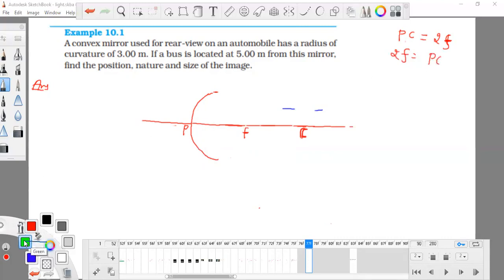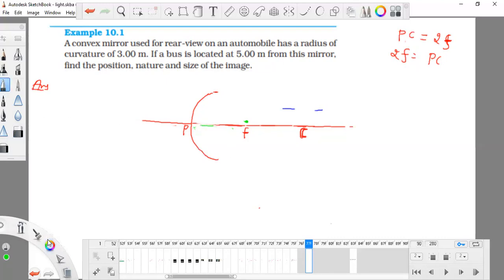F is the distance between P and F, and it is known as small f. We studied this: the capital F is known as the principal focus, and this small f is known as the focal length, the distance between P and F. I have drawn this, so I know this. Now just remove the extra things so that we can write our digits very properly.